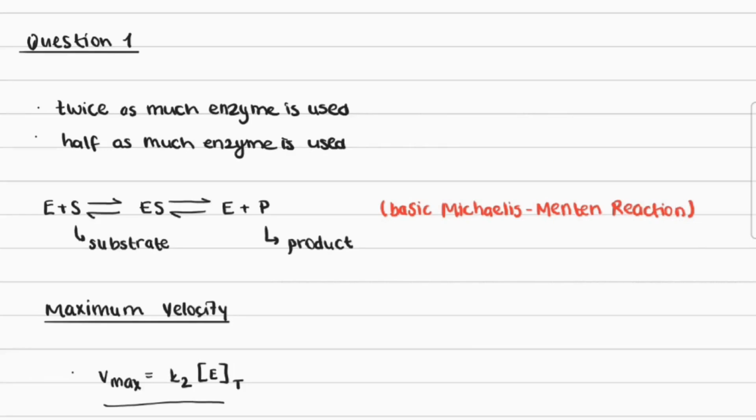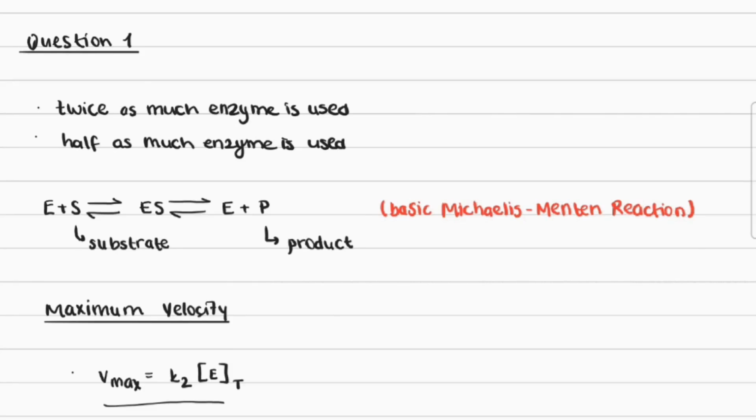So if the enzyme concentration is twice as much, the velocity would be doubled, and if the enzyme is half as much, the velocity would be reduced to half. And the Michaelis constant Km represents the substrate concentration at which the reaction rate is half of Vmax.